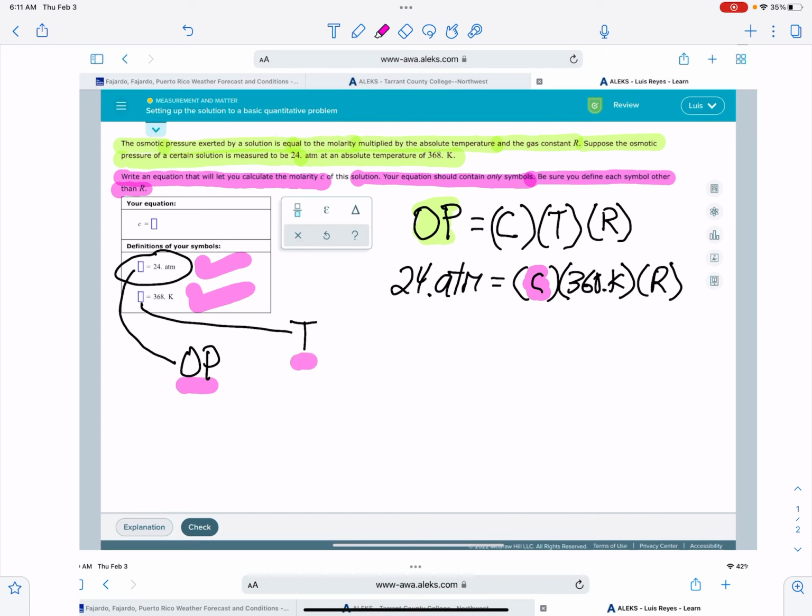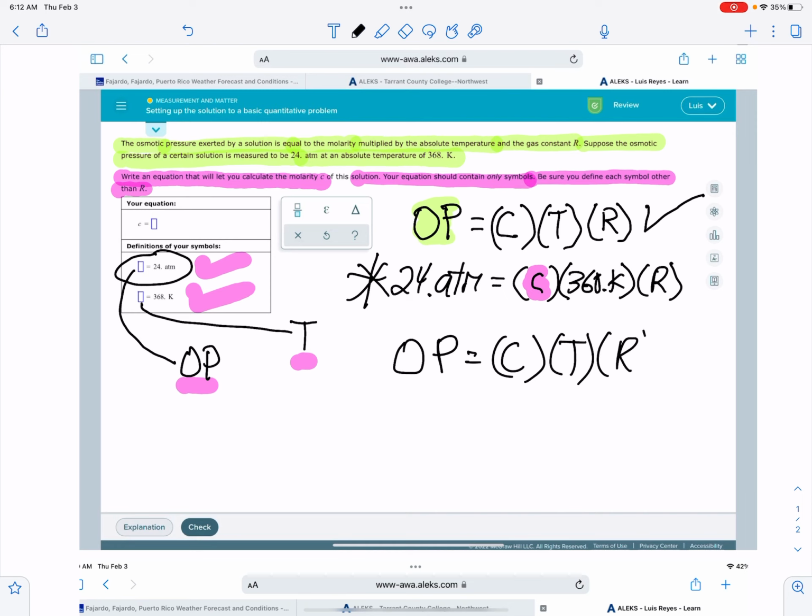It's telling us that the equation can only contain symbols, so we're not going to use that one. We're going to use this one, the one with only symbols. And it's asking us to solve for C. So that means that the T and the R have to go. That's how we cancel them. Whatever we do on one side, we do on the other side.